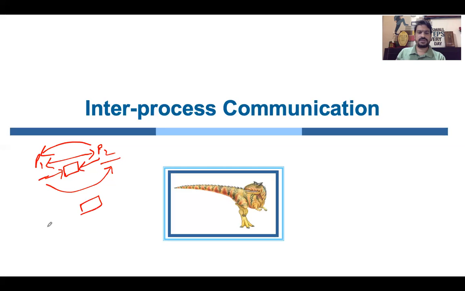If P1 is updating something and P2 is taking the updated data, that is also a type of communication that two processes will do. All those things we are going to learn in this topic, which is called inter-process communication, where two or more processes can communicate with each other.